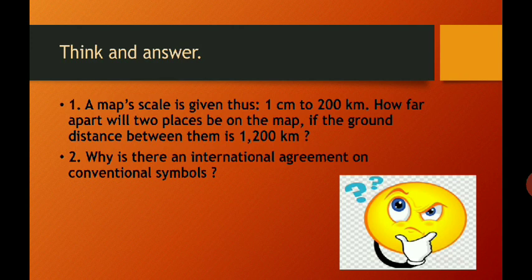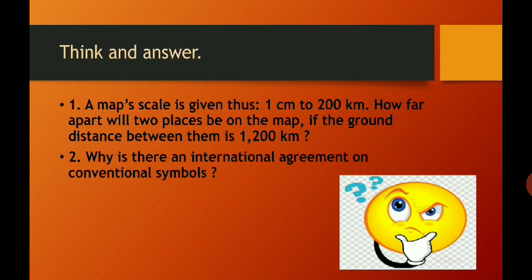How far apart will two places be on the map if the ground distance between them is 1200 kilometers? If the original ground distance is 1200 kilometers, then what is the distance on the map?